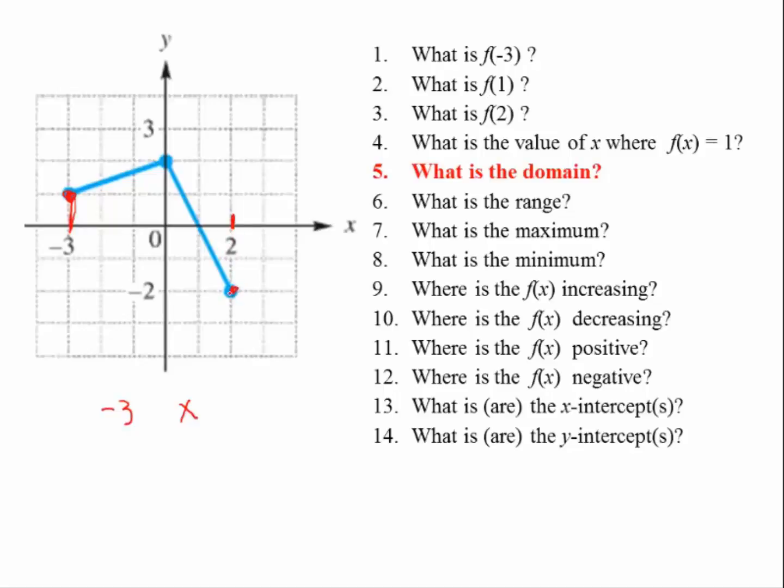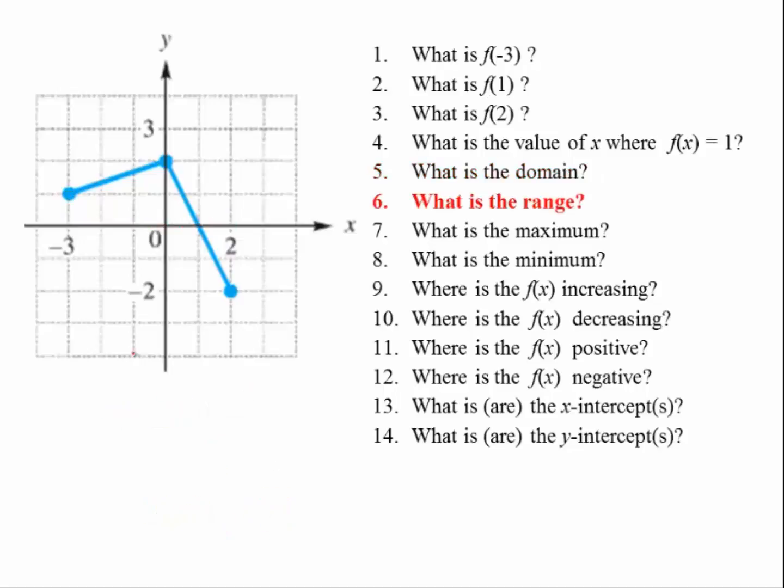This is a solid dot, so it can equal 2 also. So it's all numbers from negative 3 to 2. We can also use set notation and write this as bracket negative 3 to positive 2 bracket.